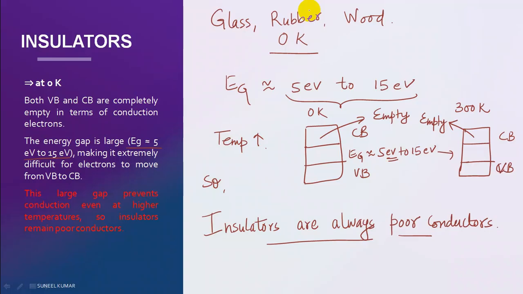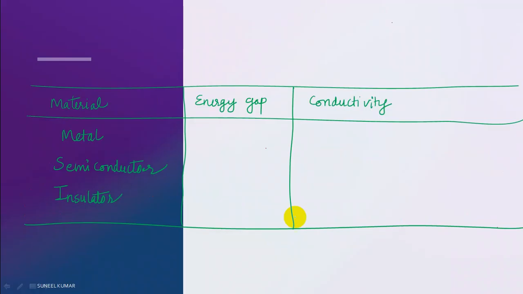Now we can compare these all by making a table. In this table, for metals it is 0 electron volt. For a semiconductor, it is a very small value, still about 1 electron volt. And for an insulator, it is a very huge value, more than 5 electron volt.